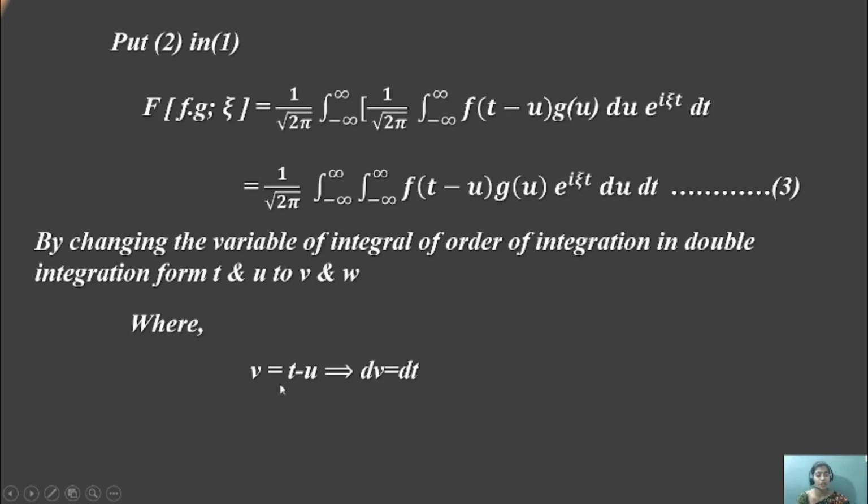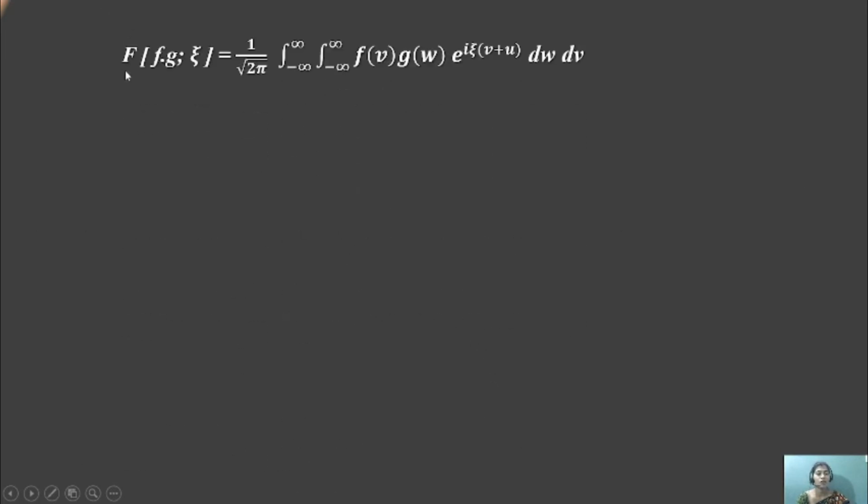Let v equals t minus u, so dv equals dt, and w equals u, so dw equals du. Then the third equation becomes: the Fourier transform of f * g at xi equals 1 upon square root of 2 pi, double integral from minus infinity to infinity of f of v, g of w, e to the power i xi (v plus w) dw dv.